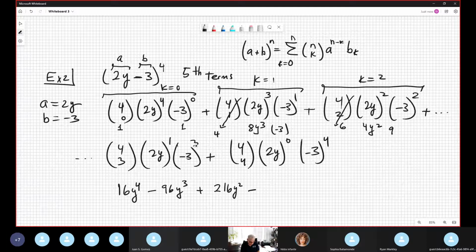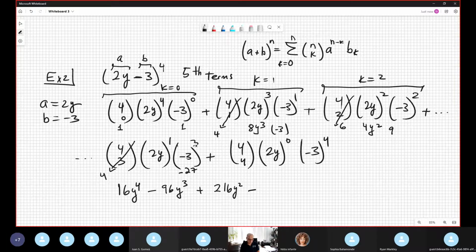Actually, this is the same value. Let me try. Combinatory number 4 choose 3 is 4 again. It's a coincidence because this is symmetric. This is 4 times 2 times 27, because 3 to the cubic power is 27. Actually, it's negative 27.